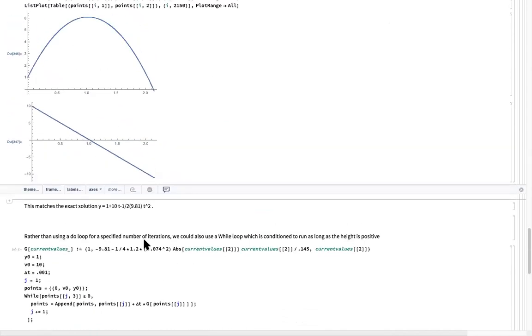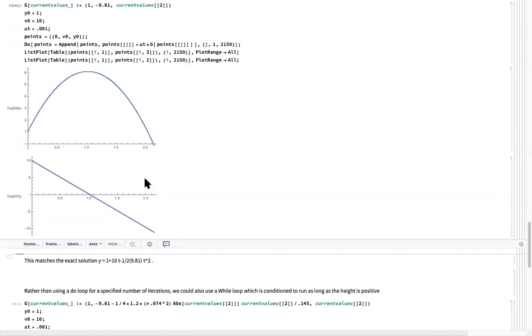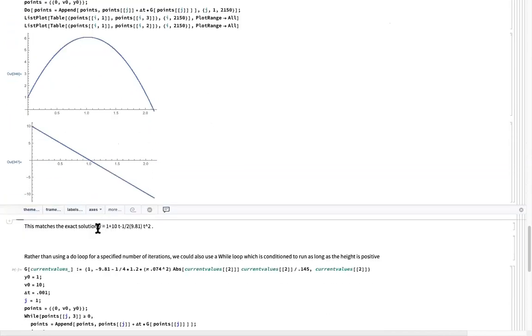Now, I claim without proving it to you, but it's true, that this will lie right on top of the exact solution. In general, your solution's only going to be good up to about order delta t. So you could always have an error of 0.01. You want to make delta t really small so that the errors are small.